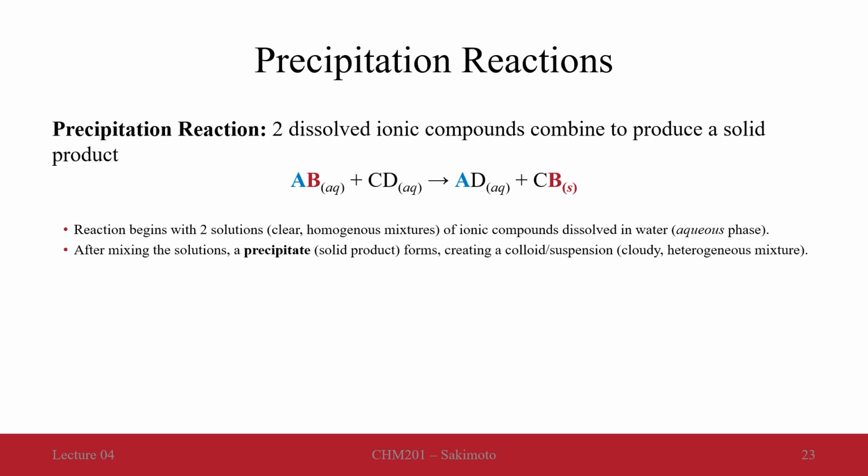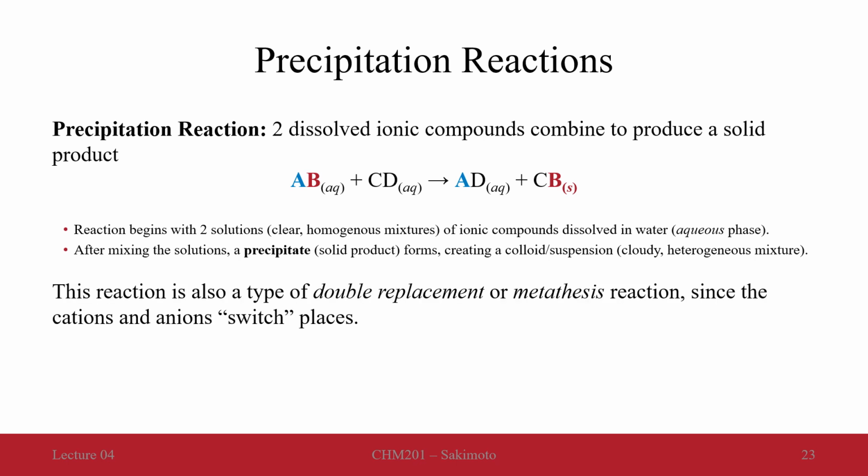After mixing these solutions, they will combine together. The ionic bonds will be broken, new ones will be made, and will produce a solid product, the so-called precipitate. This solid product we often see as either larger crystals of a solid material appearing in our previously clear solution, or as a cloudy suspension or colloid, again showing that we've produced a new product, here a different phase, a solid phase product.